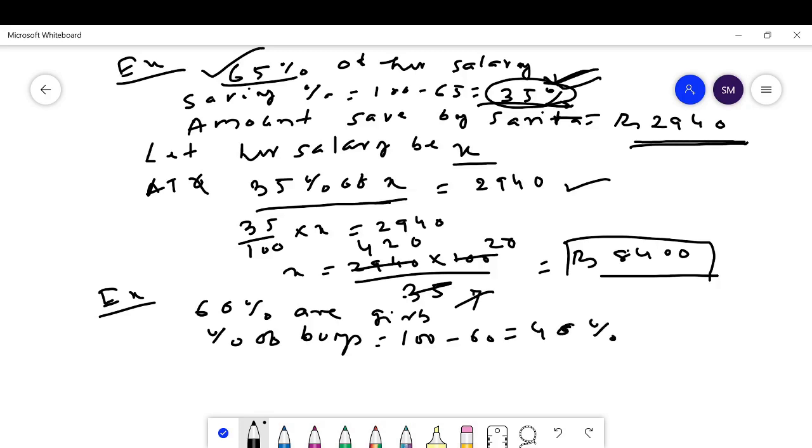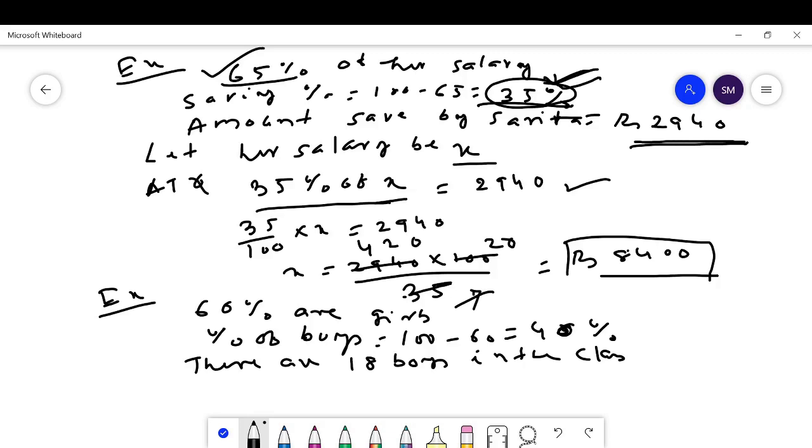But the question says the total number of boys in the class is 18. There are 18 boys in the class. Then find the number of students in the class.